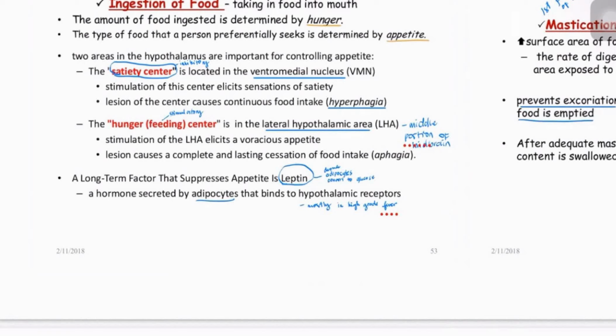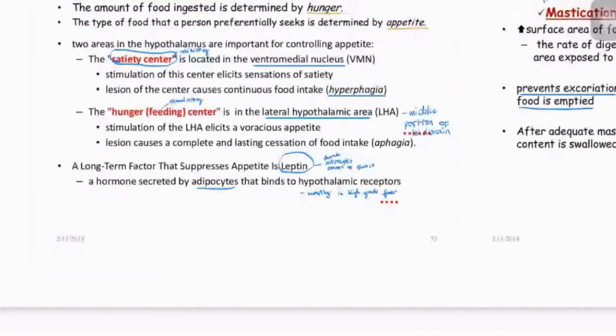Kapag hunger center naman, this is mostly stimulatory, located in your lateral hypothalamic area, in the middle portion of your midbrain. Stimulation of your lateral hypothalamic area elicits a voracious appetite, and a lesion can cause complete and lasting cessation of intake, or your aphagia.